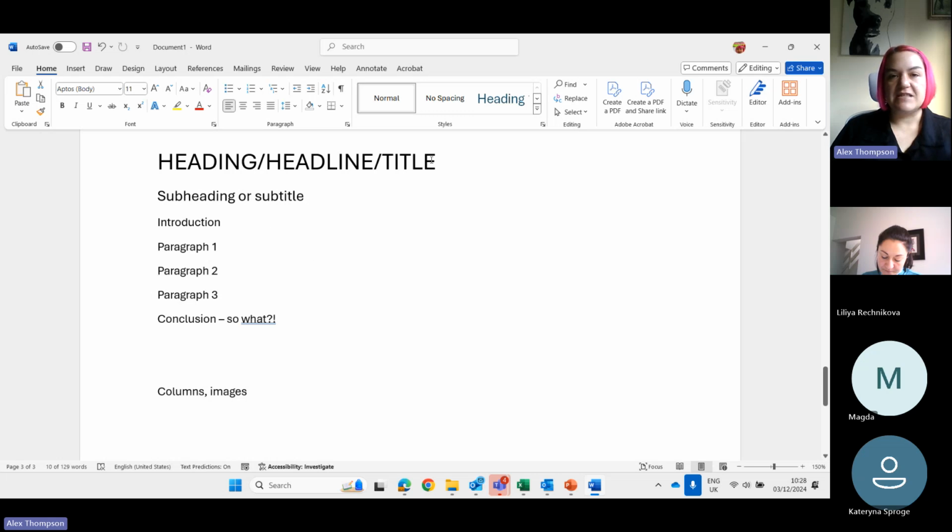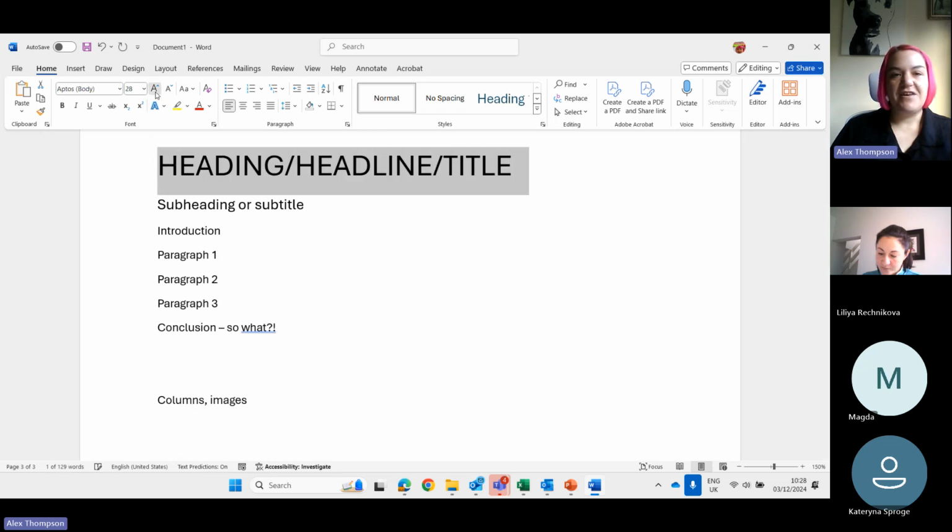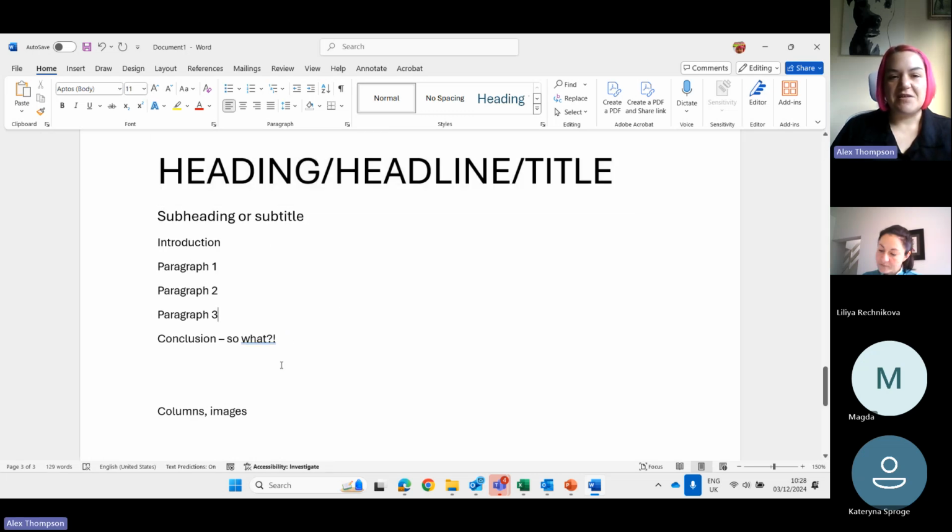So again, it may look slightly different. However, the information in the middle is always going to be the same. So let me just write this on here just for further future reference. So it could contain columns, images, but they wouldn't get you extra marks.